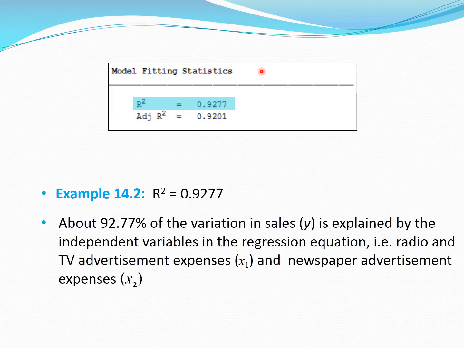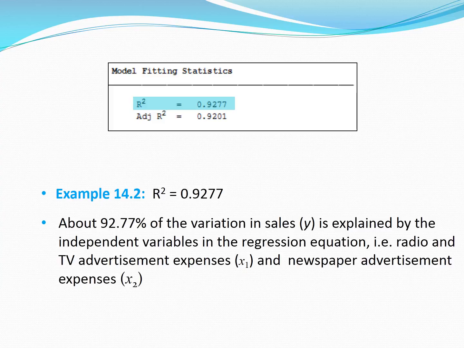Under model fitting statistics, you will see there's an R-squared value and an adjusted R-squared value. So your R-squared here of 0.9277 is your coefficient of determination. If we have to explain that in terms of the chapter example, then we can say that about 92.77% of the variation in the sales is explained by the independent variables in the regression equation.